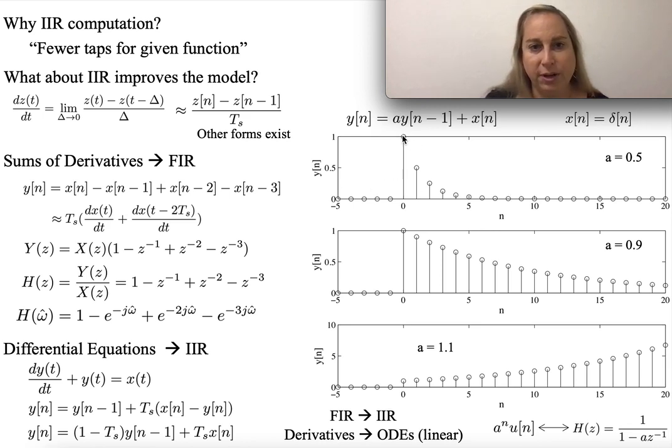It starts off at 1, the next one's a half, a quarter, and it just starts dropping down. And so it's a straightforward approach. In fact, it's a nice thing that just generates factors of 2 for you. If a is 0.9, what you notice is you get 1, 0.9, and drop, and you get this dropping down over time.